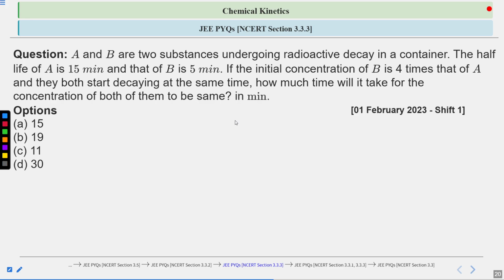This question appeared in the 2023 JEE examinations. The options provided are 15, 19, 11 or 30. So you are given some time, try to solve this, and then we will see the correct answer.